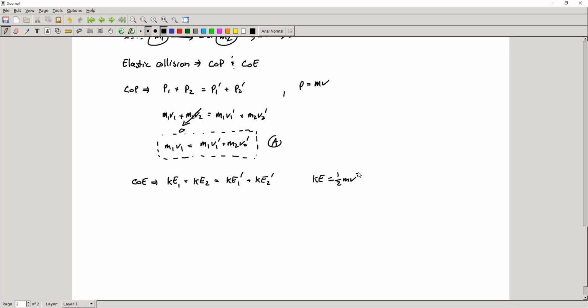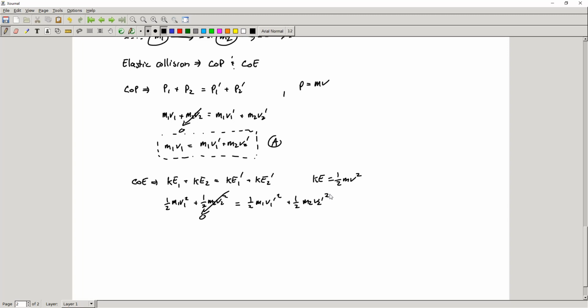And so we can, just as we did above for momentum, rewrite these kinetic energy terms. What do we have? We have 1/2 m1 v1 squared plus 1/2 m2 v2 squared. And again, this term goes to 0 because v2 is 0. And this is equal to 1/2 m1 v1 prime squared plus 1/2 m2 v2 prime squared, right?